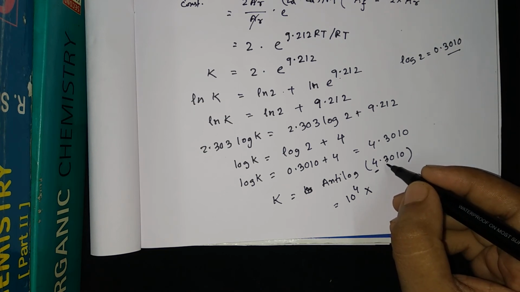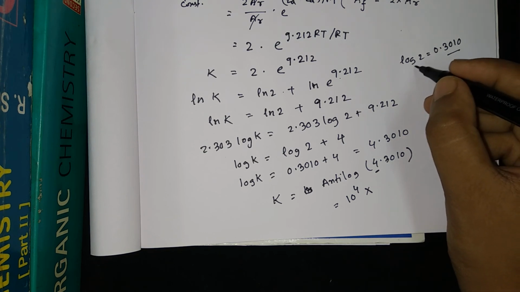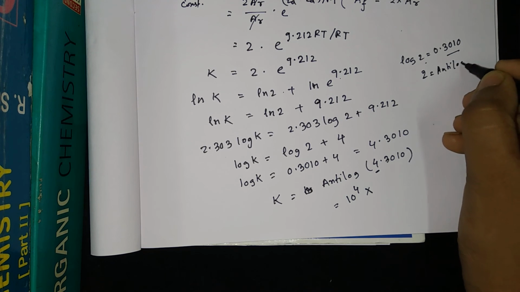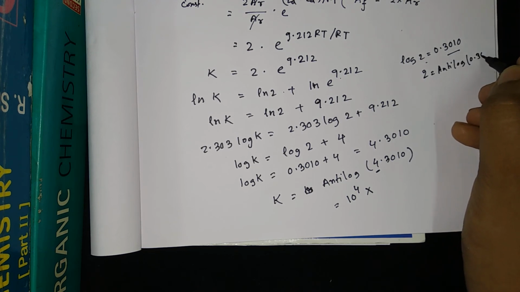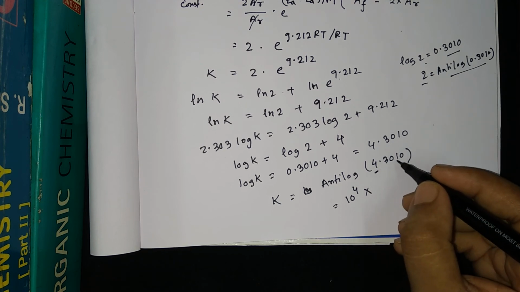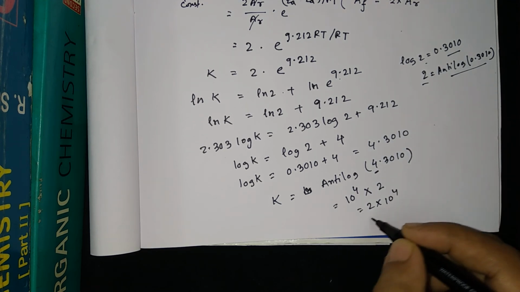So anti-log of 0.3010: we know this is the log 2 value, meaning 2 equals anti-log of 0.3010. So the anti-log of 0.3010 will be 2. So this is 2 into 10 to the power 4. This will be the value of K. So this is the answer.